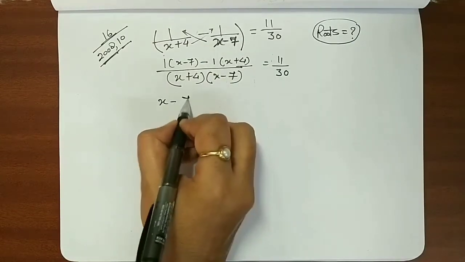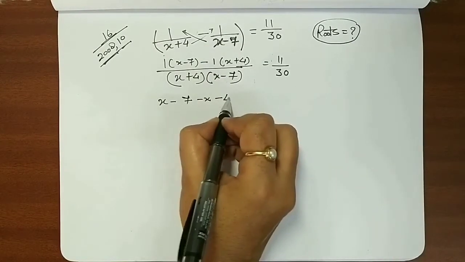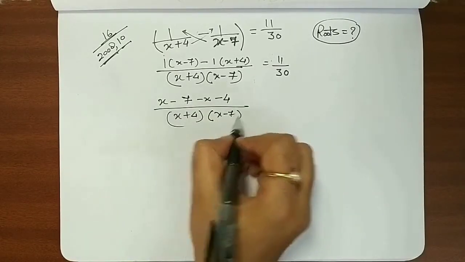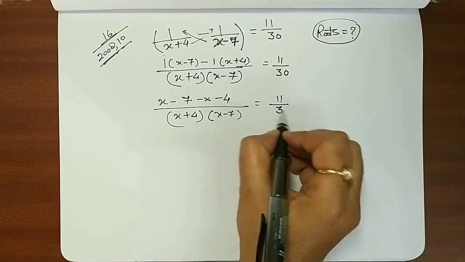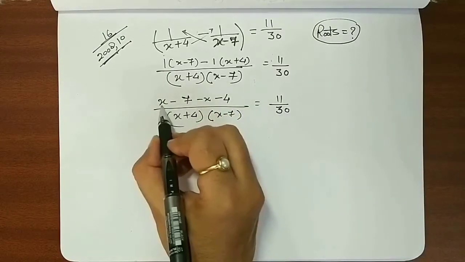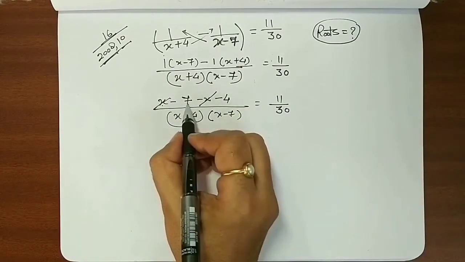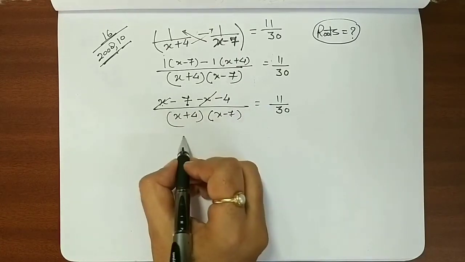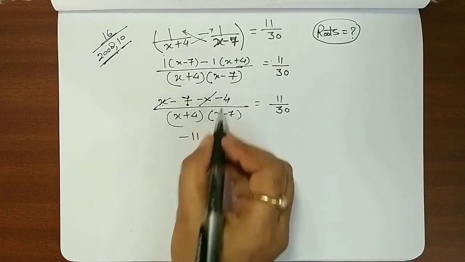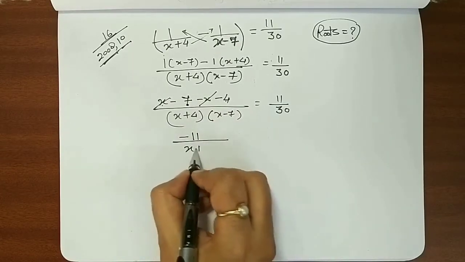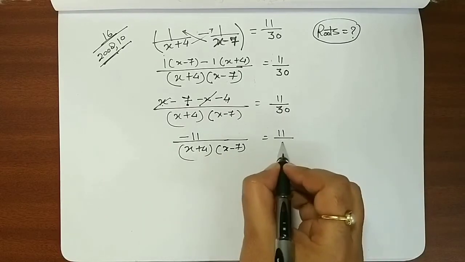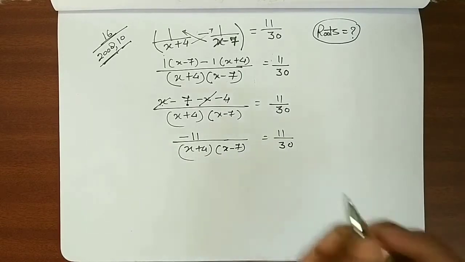So it is x minus 7 minus x minus 4 by (x plus 4)(x minus 7) is equal to 11 by 30. We see x and minus x will cancel. Minus 7 and minus 4 is minus 11. So minus 11 by (x plus 4)(x minus 7) is equal to 11 by 30.